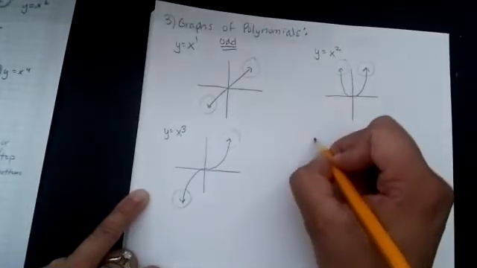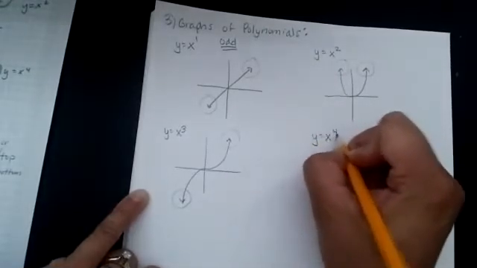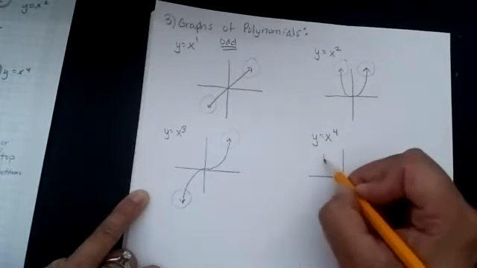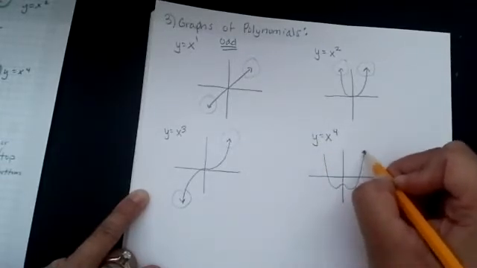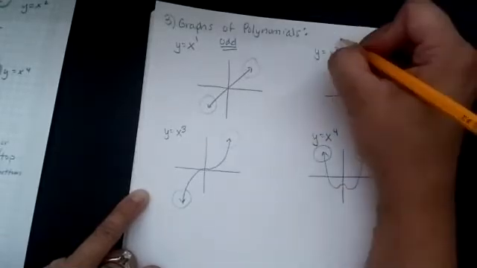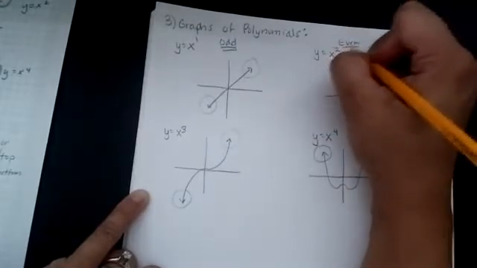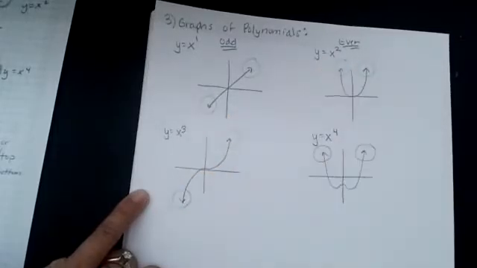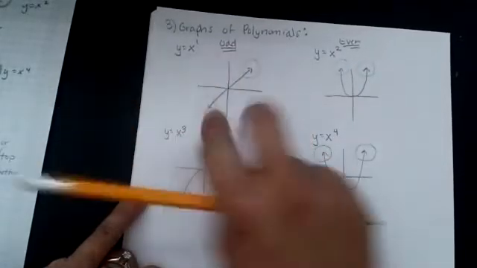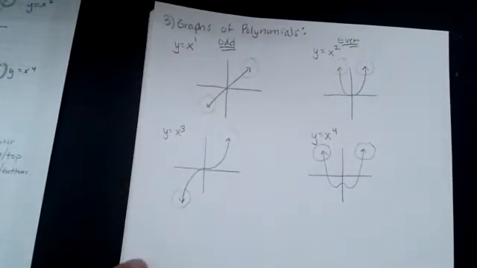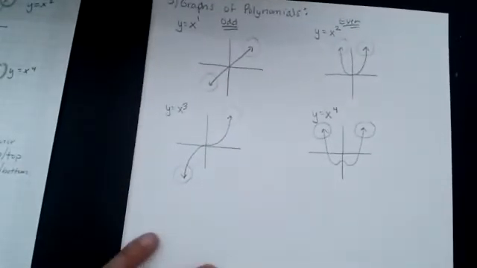If you have y equals x to the 4th power, I'm going to kind of exaggerate. It's going to actually look like a W. They're both going up. So just know that if you have an even degree, the tail ends are going the same direction. If you have an odd degree, then the tail ends go opposite directions. Okay, so just keep that in mind.